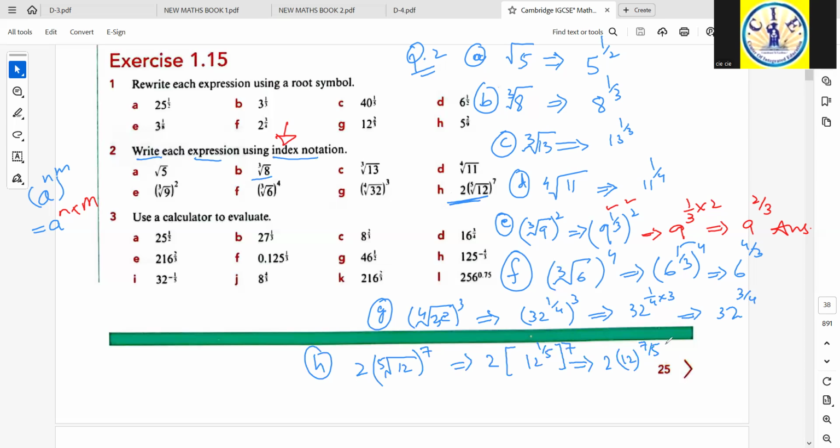You can have it either this way or 2 times 12 raised to power 7 by 5. It means the index is for 12 in either of these two cases. Either this is the way or this is the way. Both are equivalent. So that is your answer to the last part H of question number 2.